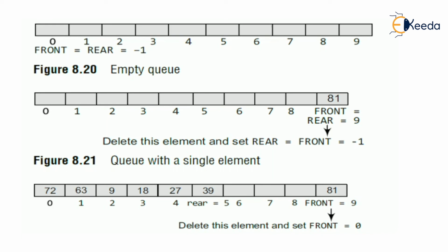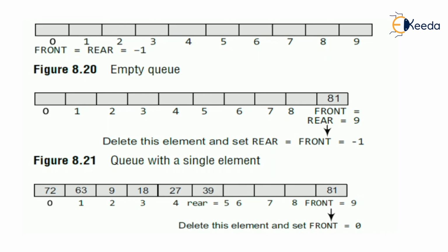So in the case of a circular queue, our aim is to delete the element which is at the last, in this case, and use the complete queue to insert the elements. So if the queue is not empty and front is equal to rear, then after deleting the element, suppose we are deleting 81 from the queue, the queue becomes empty.